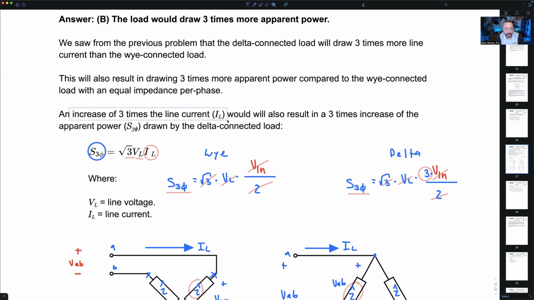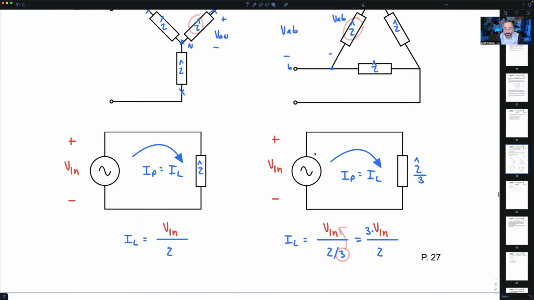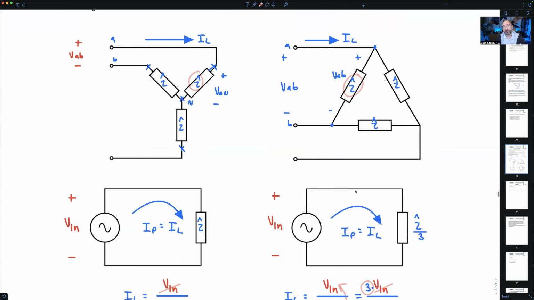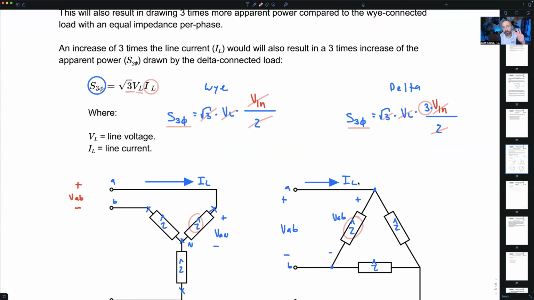Look, the delta connected load draws 3 times more line current compared to the Y connected load, because this is the same, this is the same, this is the same. A 3 times increase in the line current results in a 3 times increase in the apparent power.